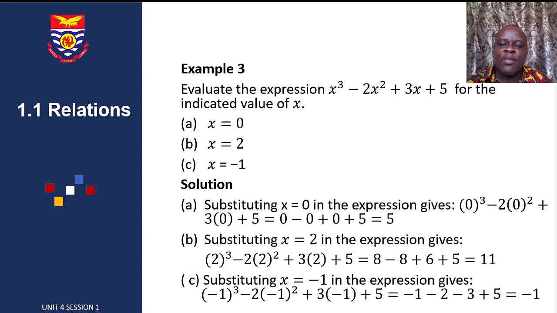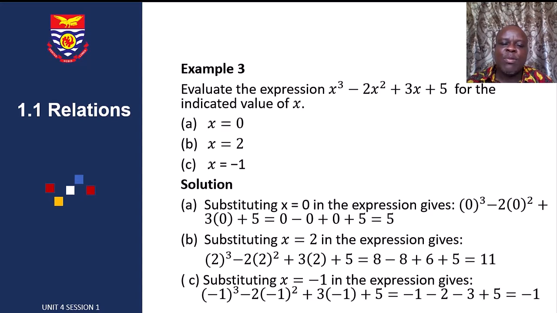We get to the last one, where we are going to substitute -1 into the expression. So wherever we see x, we put -1. So we have -1 exponent 3 minus 2 into bracket -1 squared plus 3 into bracket -1 plus 5.